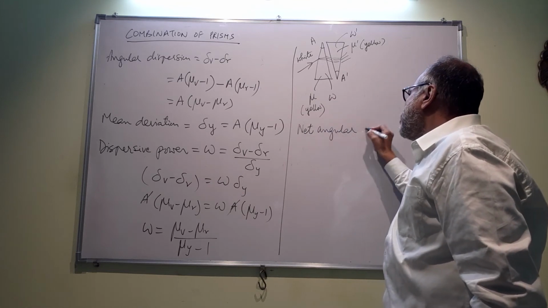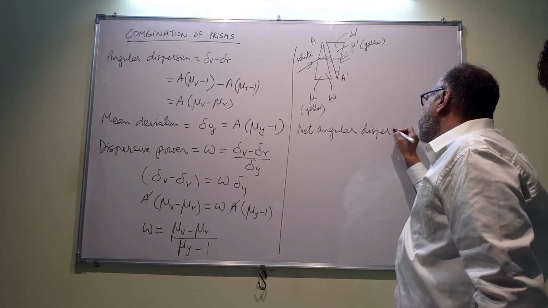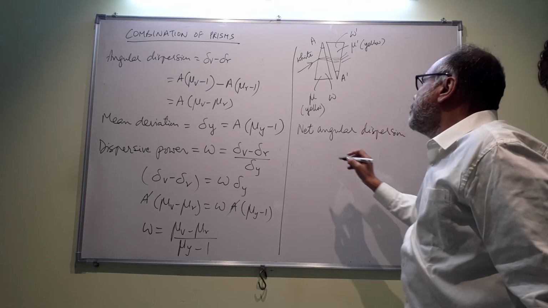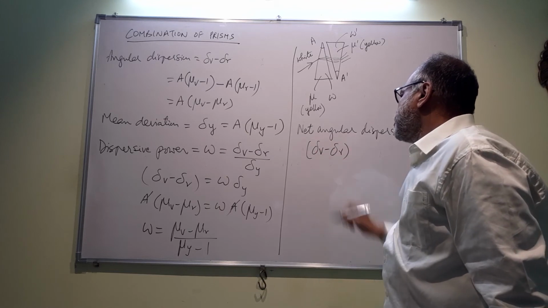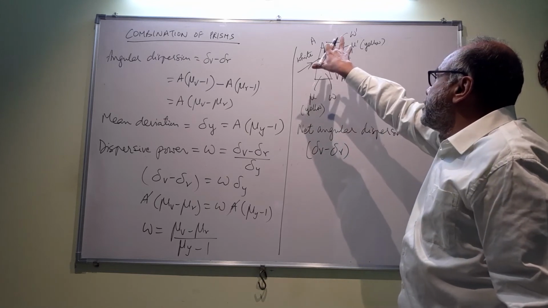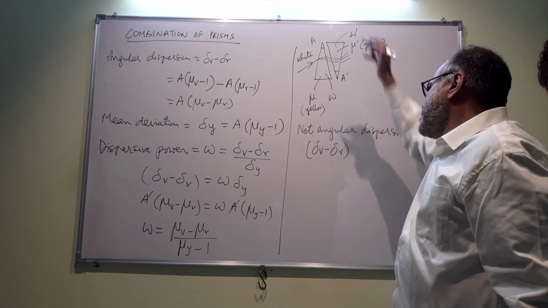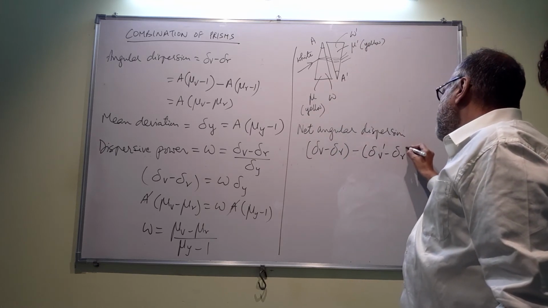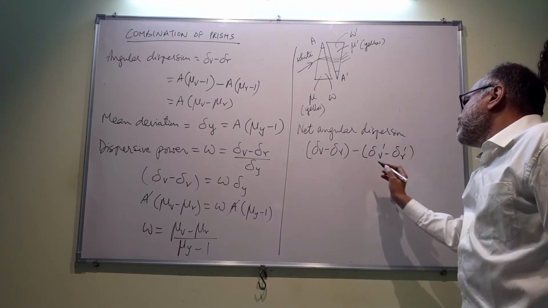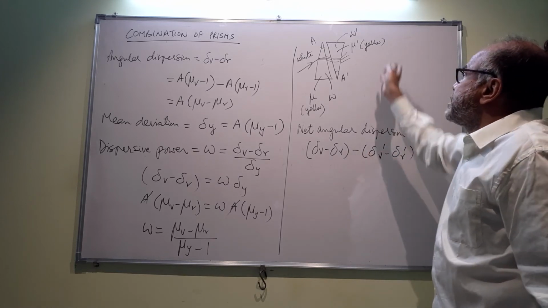The net angular dispersion is del V minus del R for the first one, that is in the clockwise direction, and since this is the anti-clockwise direction, we will say it is minus del V dash minus del R dash, because it is in the other sense.